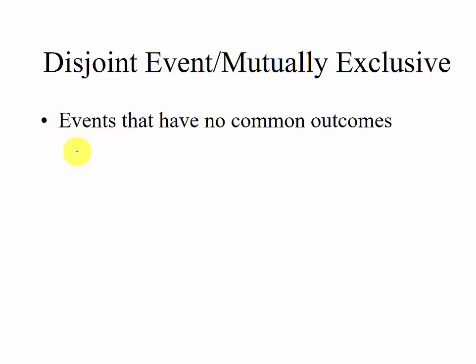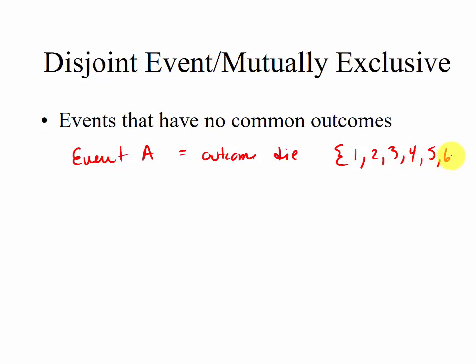What that means is that we can have two different events with no outcomes in common. So let's say that event A is the outcome from rolling a die. Well, the outcomes from rolling a die are 1, 2, 3, 4, 5, and 6. And let's now say that event B is flipping a coin. So the outcomes from flipping a coin are heads and tails.